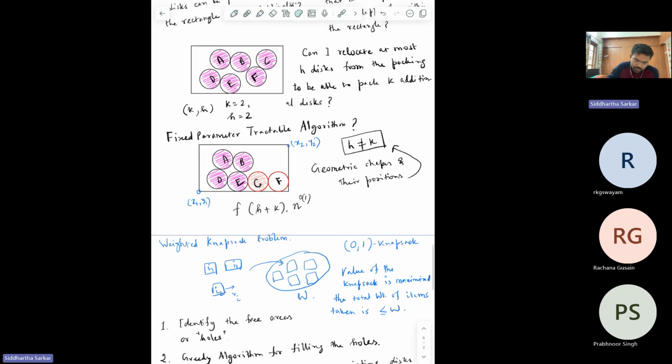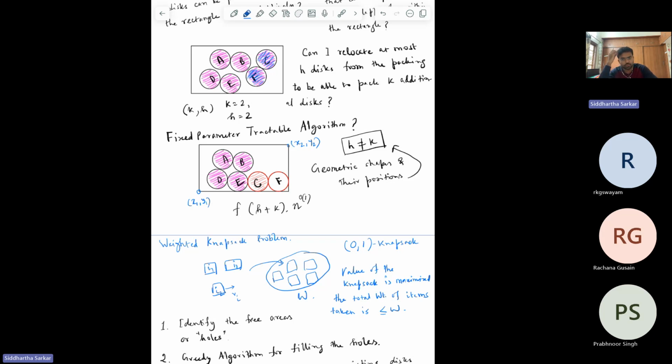So some of these are made blue, let us say. If I say that C and F I have moved, so if I make these two blue, blue means that this is a potential candidate for relocation. So this can be moved, and red means that its position is going to be fixed in my final solution.